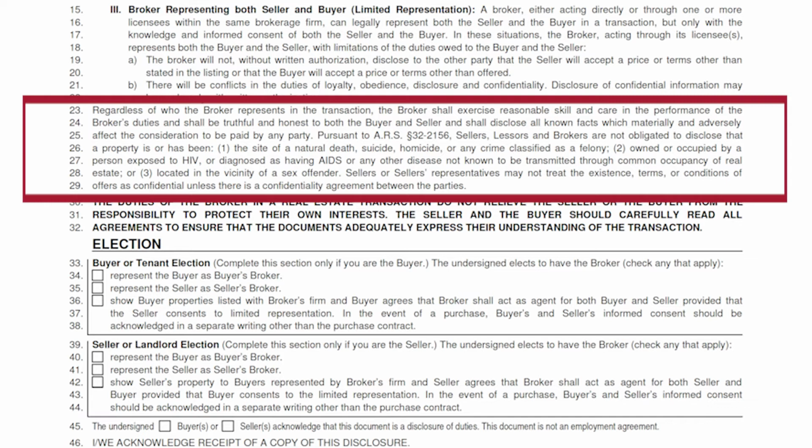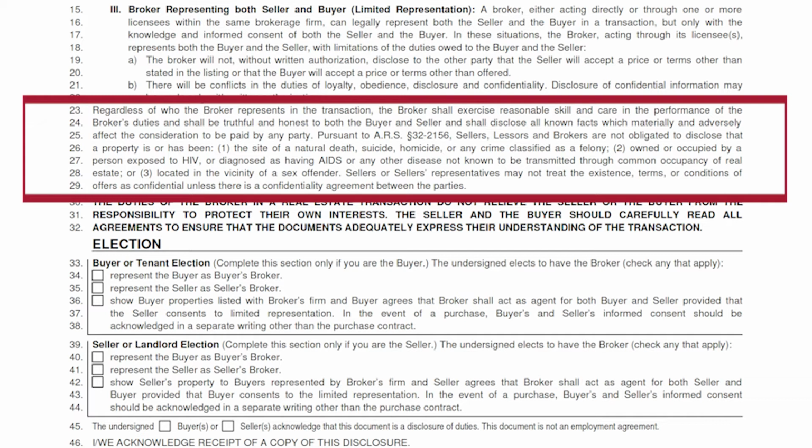It's important to note that this section addresses the fact that the sellers, landlords, and brokers are not obligated to disclose that the property has been, number 1, the site of a natural death, suicide, homicide, or any crime classified as a felony. Number 2, that the property has been owned or occupied by a person exposed to HIV or diagnosed as having AIDS or any other disease not known to be transmitted through common occupancy of real estate.